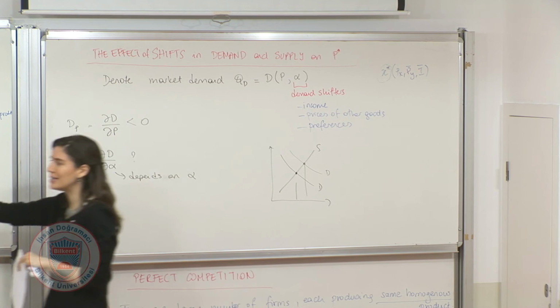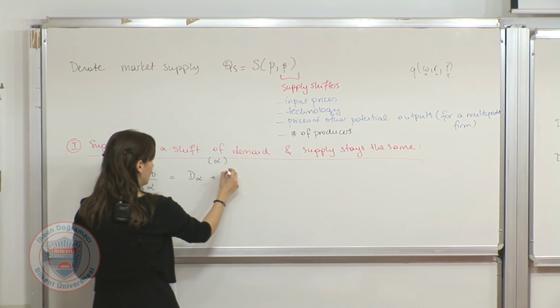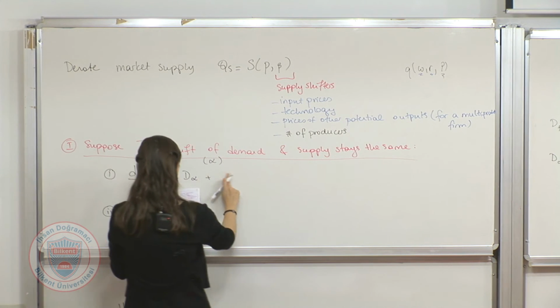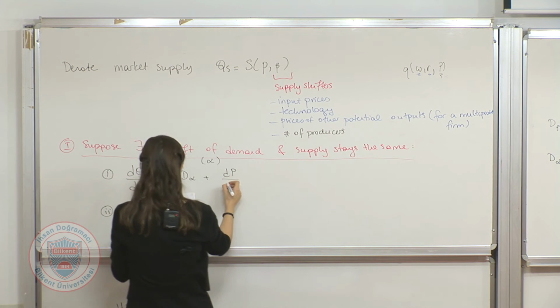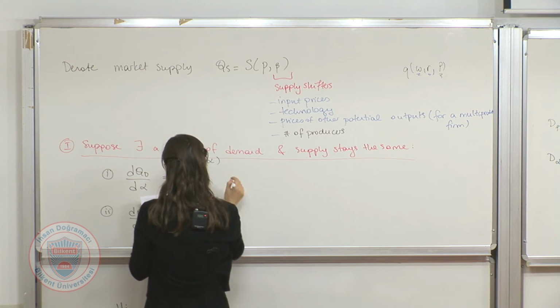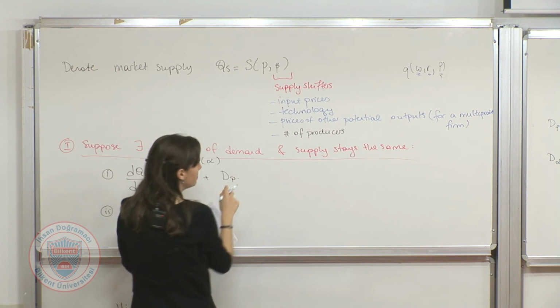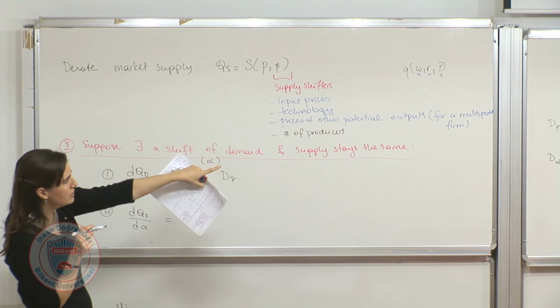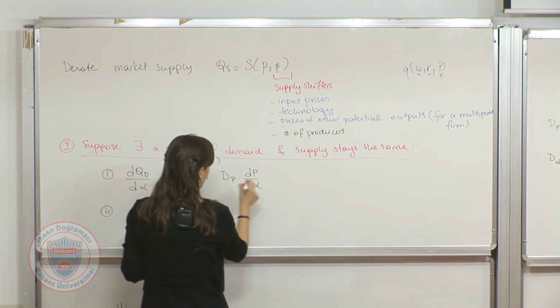So that's why this is not enough. I have to have plus, let's put it like this, D_P, which is basically the derivative of the demand with respect to P, and then you have dP d alpha.